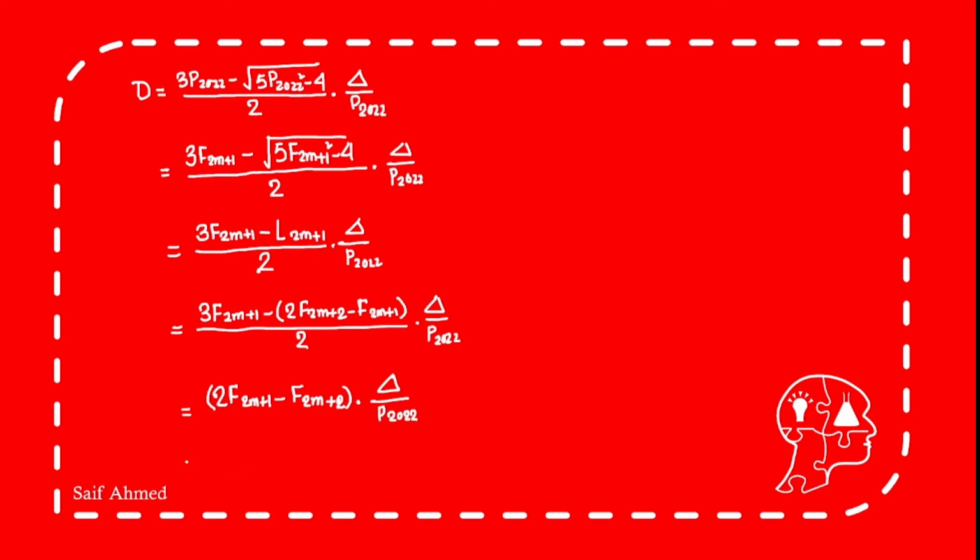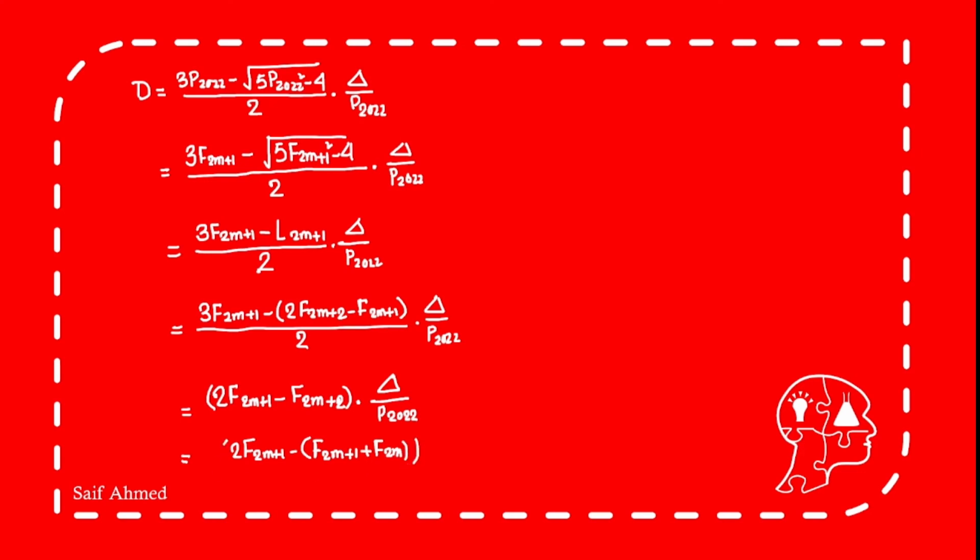From this line, I can also write 2 f of 2m plus 1, and as per our definition of Fibonacci number, f of 2m plus 2 can be written as f of 2m plus 1 plus f of 2m.